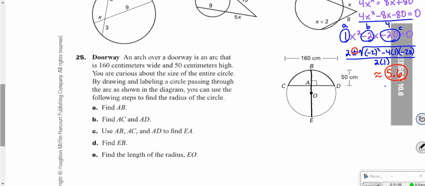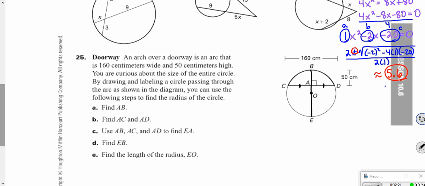That means that this is the same as that. That means it bisects the chord. If it is 90 degrees to the chord, then it bisects the chord. That was one we learned, I don't know, 10.3 maybe. If a diameter is perpendicular to another chord, then it bisects the chord. So I want to point that out.